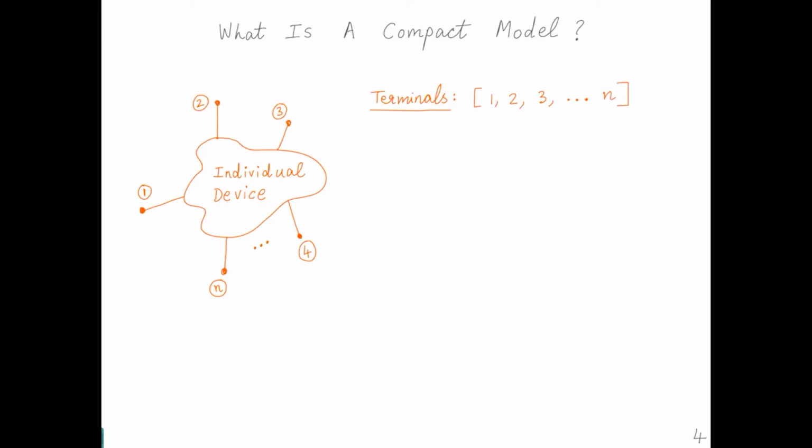I'm just calling them 1 to n over here. If you have n terminals, you have n minus 1 voltages. You designate one particular terminal as a reference terminal, and then every other terminal has a voltage with respect to the reference terminal. So these are the voltages, V1n, V2n, and so on.